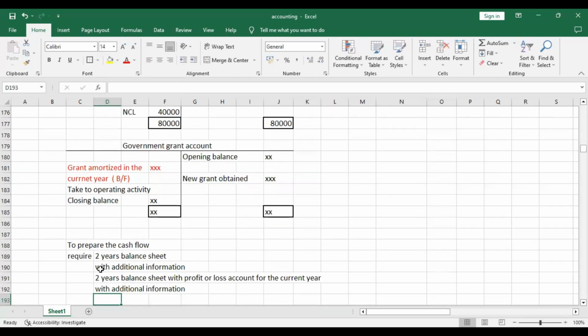So either this way or this way: two years' balance sheet with the P&L account with additional information, or two years' balance sheet with the additional information. You can prepare the cash flow statement. Are you clear?